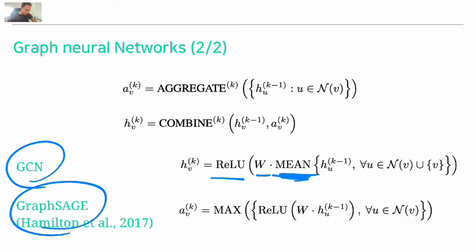Another graph convolution, graph neural network paper, the GraphSAGE. So one of the approaches is to use max pooling. So instead of activating all the values, we use max pooling, and we use the most significant signals to decide the representation of the node.